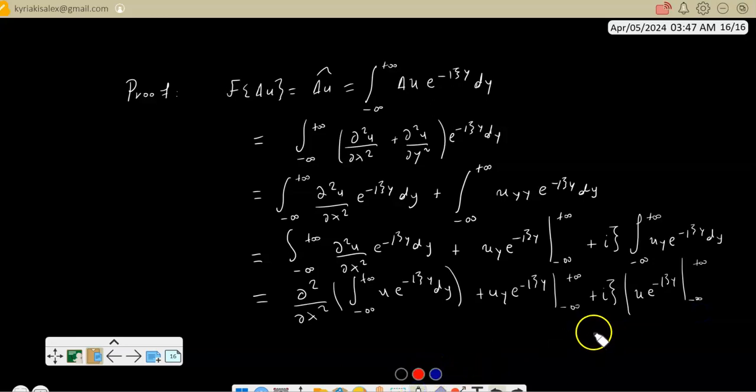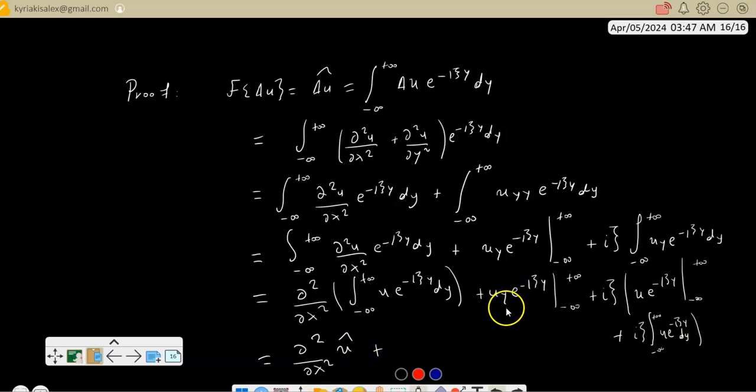So it's plus xi, and then it's the integral, and I close the parenthesis. So now this bit is the Fourier transform, u hat.